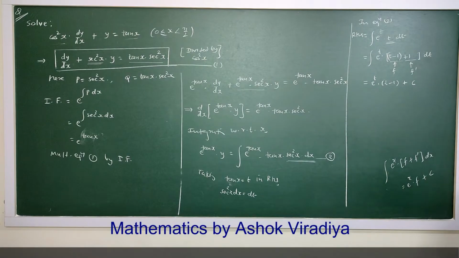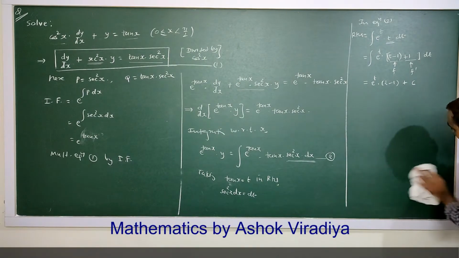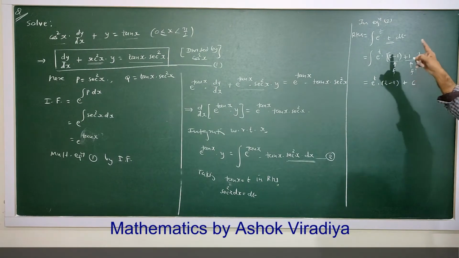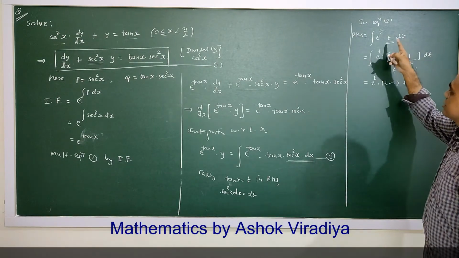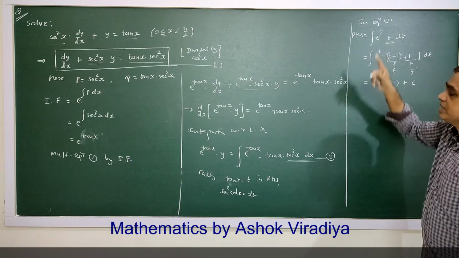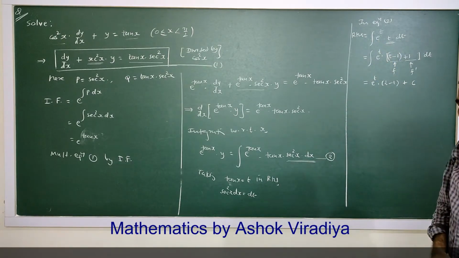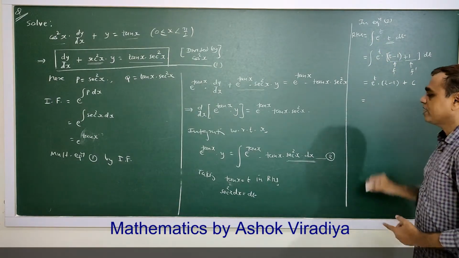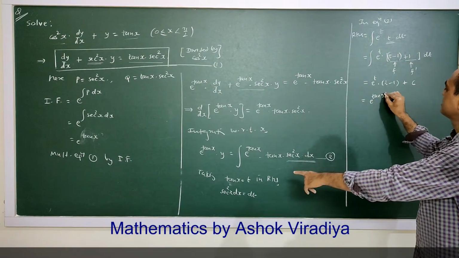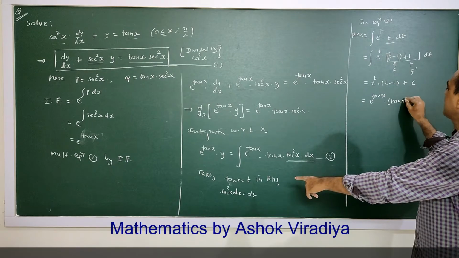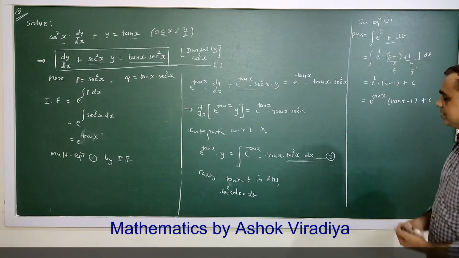So this is one method. The other method is integration by parts, considering this as u and this as v. That is the second method. Now putting back the value of t, what is t? It is tan x. So e raised to tan x into tan x minus 1 plus c.